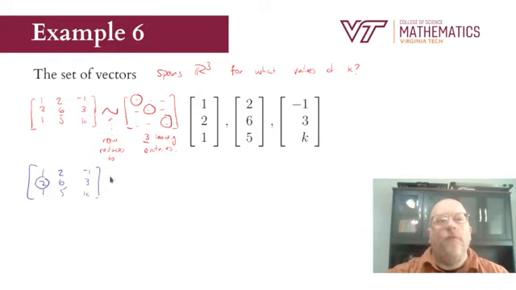So I want to get rid of this 2. So we'll take row 2 minus 2 times row 1. 2 minus 2 is 0. 6 minus 4 is 2. 3 plus 2 is 5.